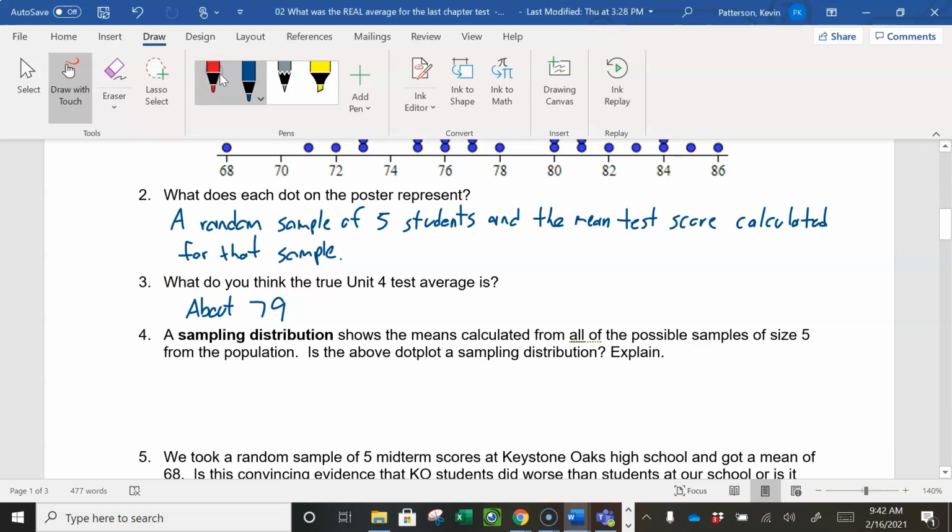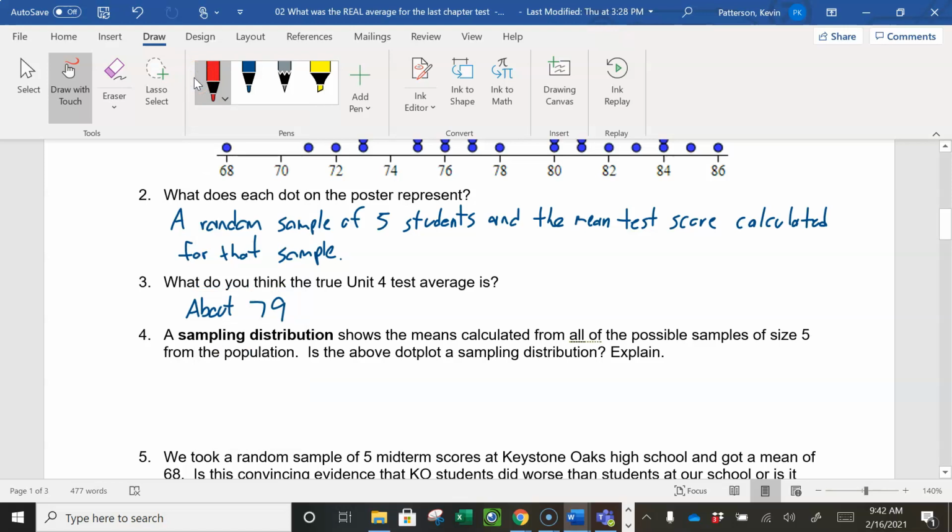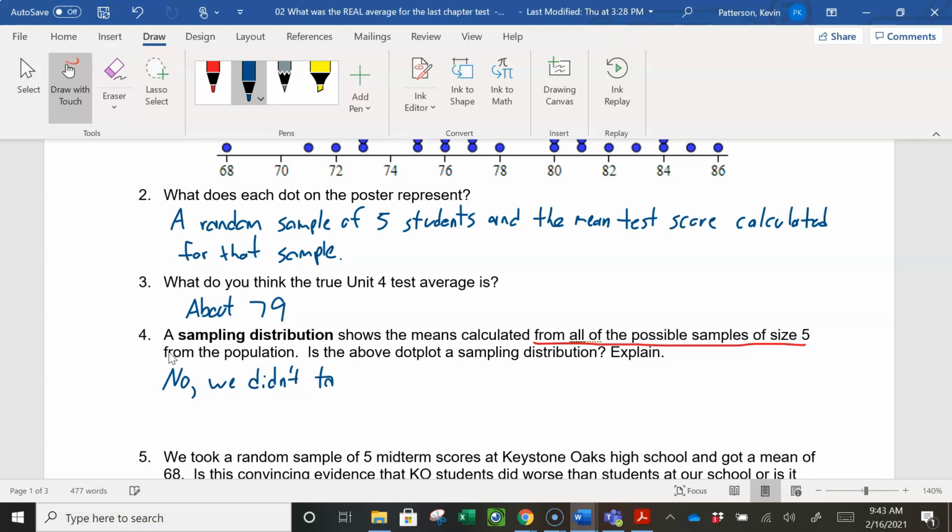So it's really important that we know that a true sampling distribution does all possible samples of that size. And I'll actually calculate how many there should be, how many samples of size 5 there could be, to show you how large or how many dots that would be in a second. So we're going to say no, this is not a true sampling distribution because we didn't take all possible samples of size 5.